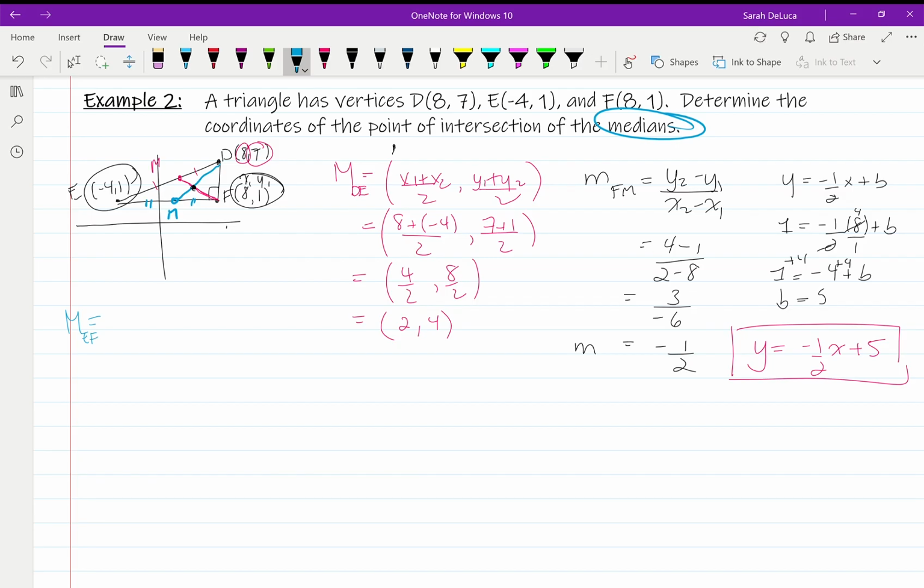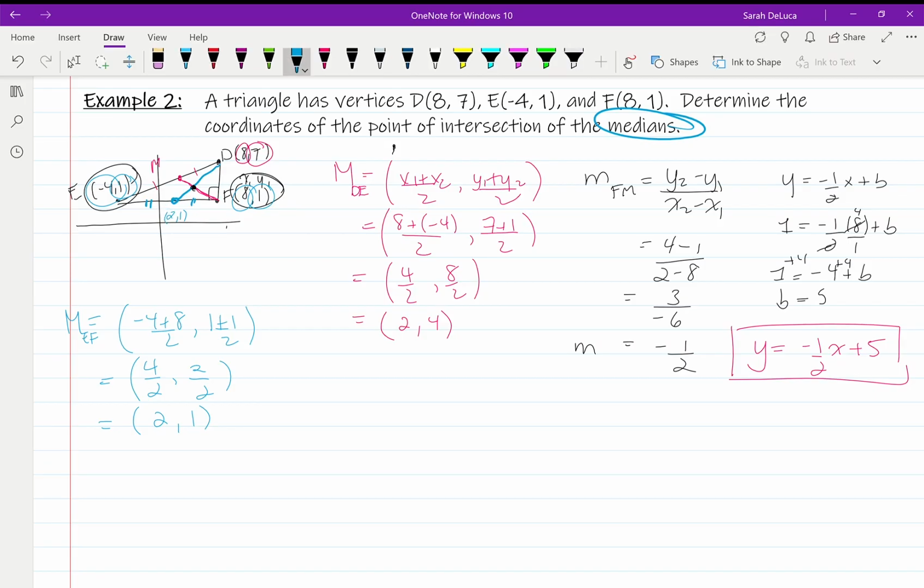The x values are -4 and 8, so negative 4 plus 8 divided by 2, and the y values are 1 and 1, so 1 plus 1 divided by 2. Negative 4 plus 8 is 4 over 2, and 1 plus 1 is 2 over 2. That leaves me with 2, 1. So there's my midpoint. This is the coordinate 2, 1.